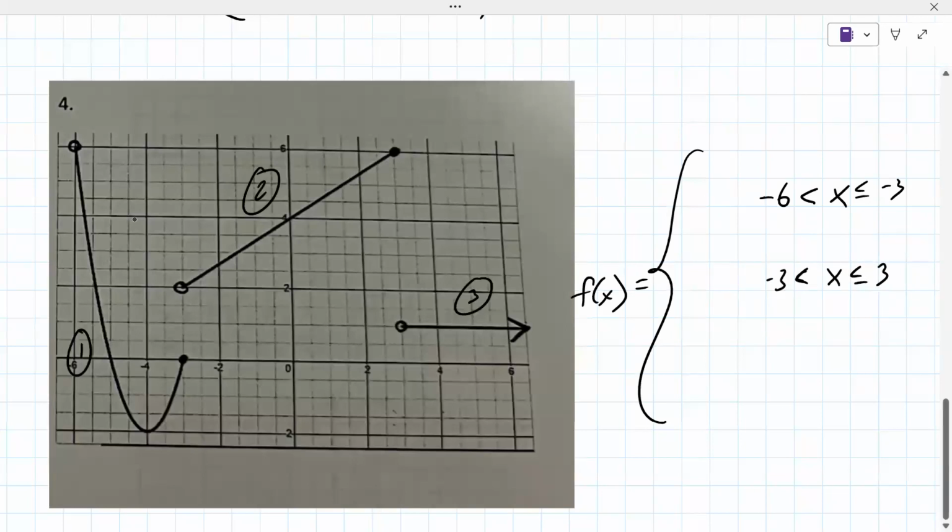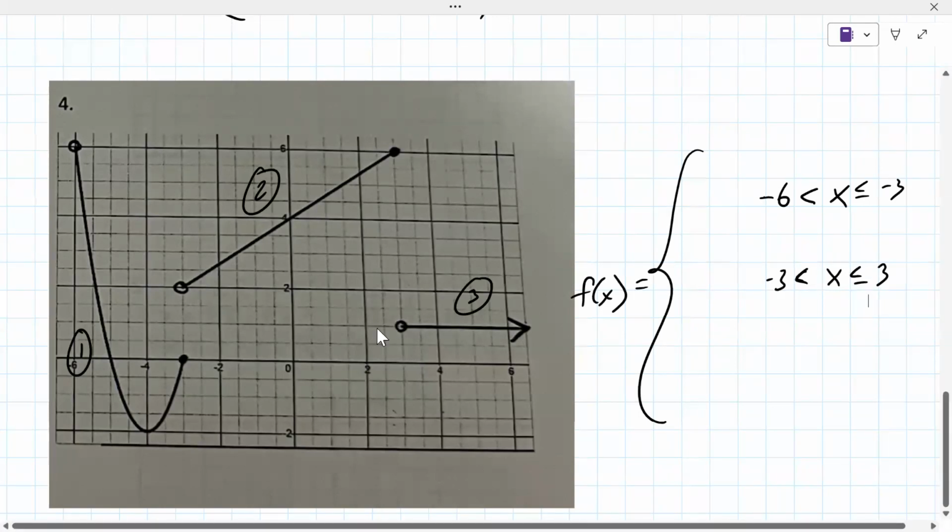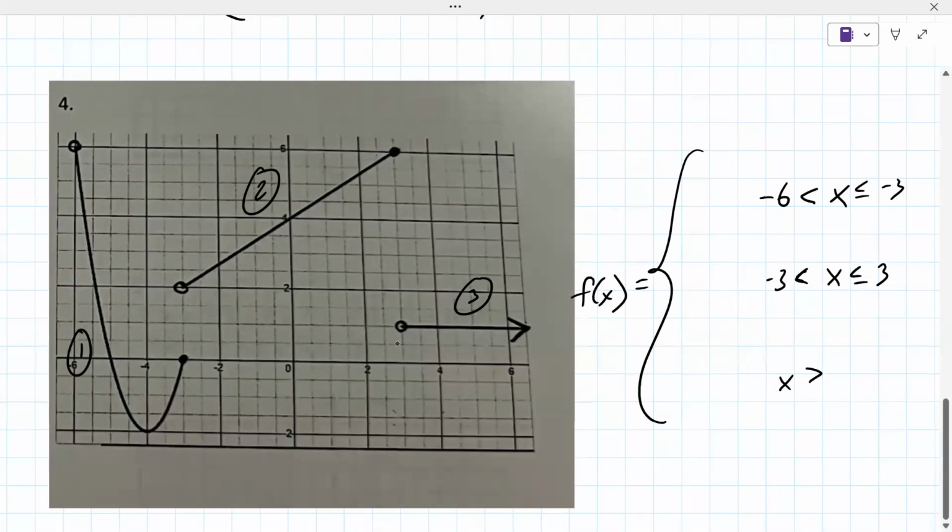And then how about the last one? 3 is less than, oh, this one is weird. It's to the right, so x is greater than 3, right? There you go. Perfect.